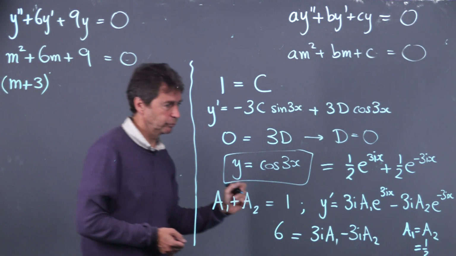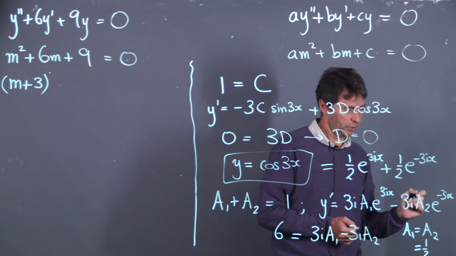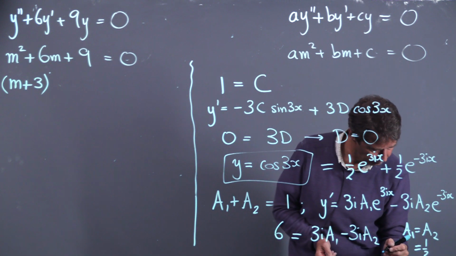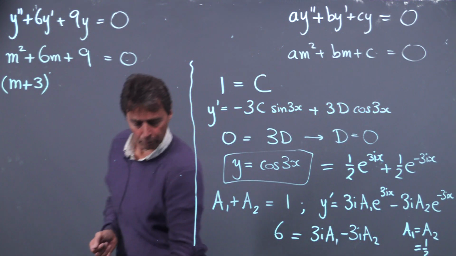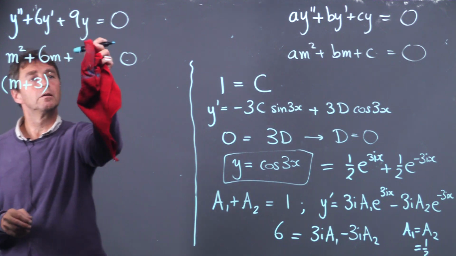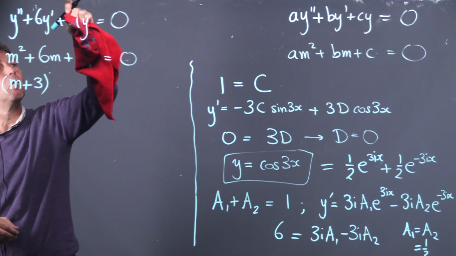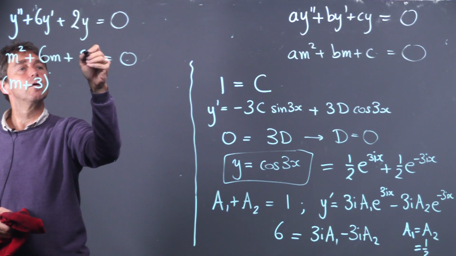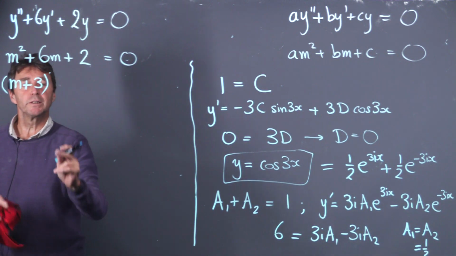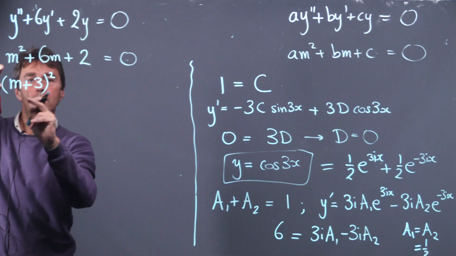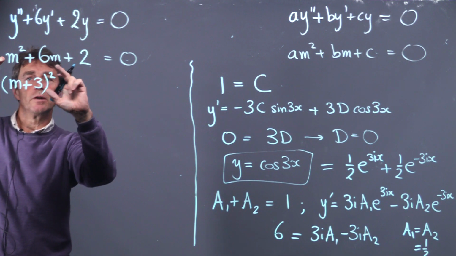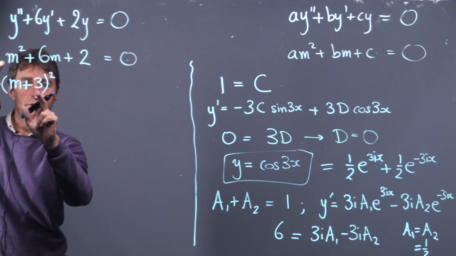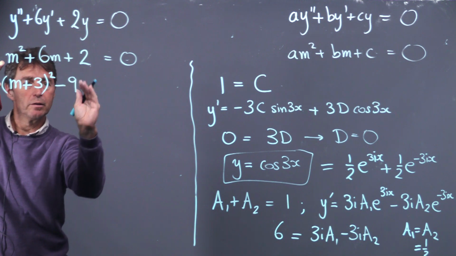Oh, I think I've done the wrong example. Let's change the number there. Let's put 2. There we go. So completing the square there, just ignoring this for the moment, I complete the square there, it's m plus 3 squared minus 9, right?